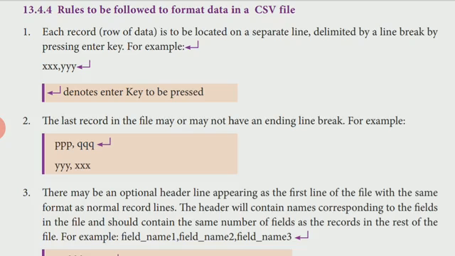So every line should be separated by the enter key. After you finish one line, you have to press the enter key, then that line will end, and the next line will be taken for the next row.